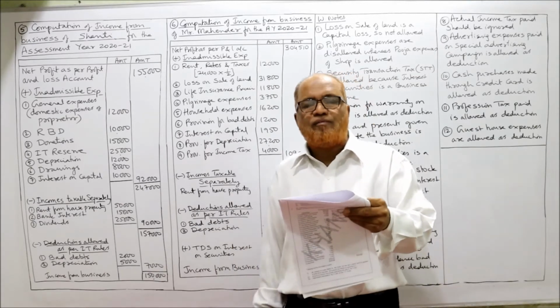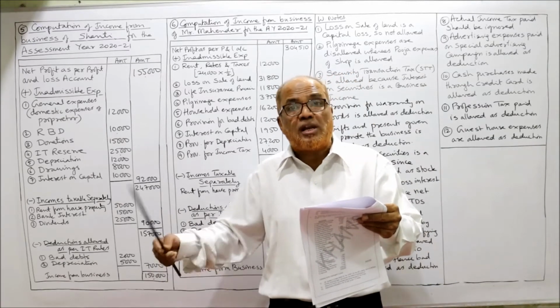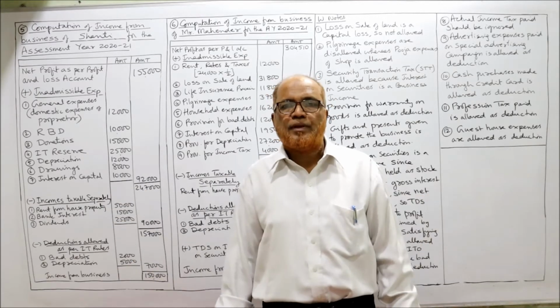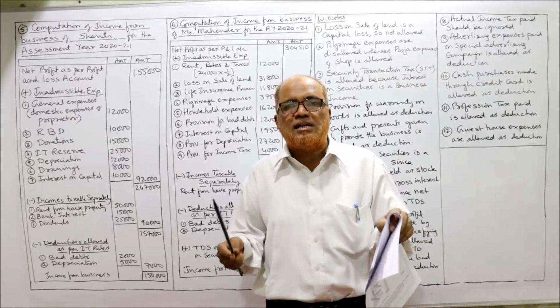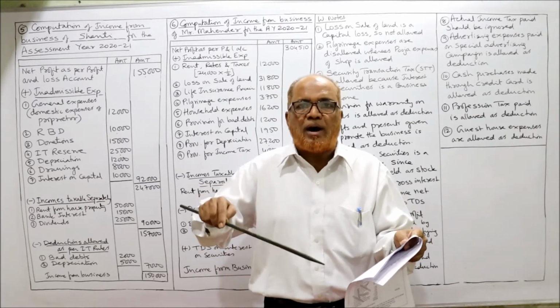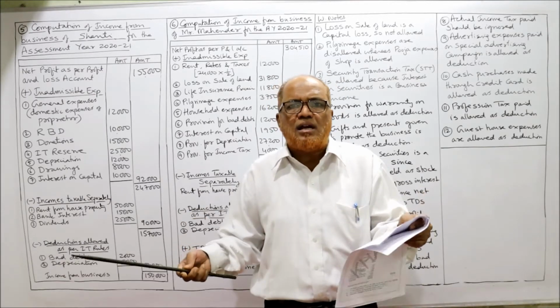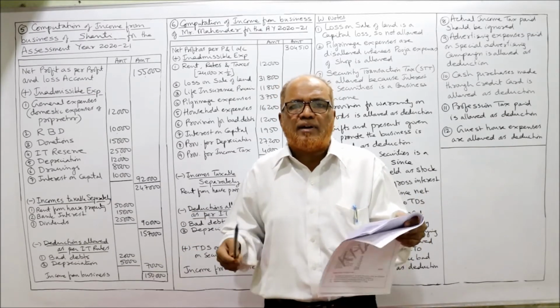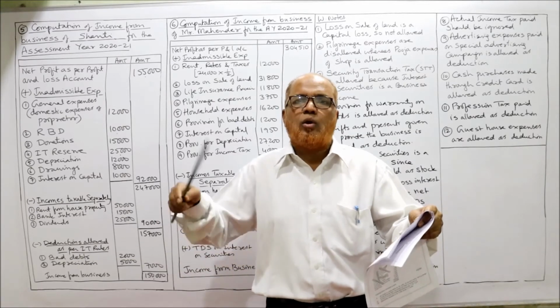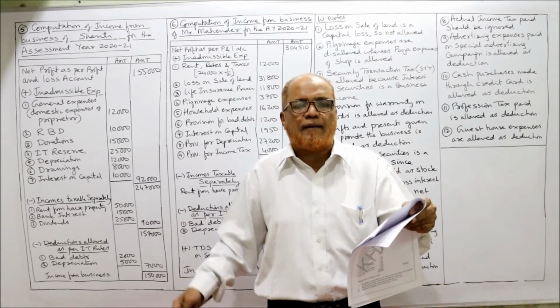Advertising expenses include 5,000 rupees spent on special advertising campaign to expand the business in the new market. Income Tax Act says advertising expenditure will be allowed, whether it is spent in old market or new market, doesn't matter. It is simply advertising expenditure, so it is allowed. Whether advertisement is done in old market or new market, doesn't matter.